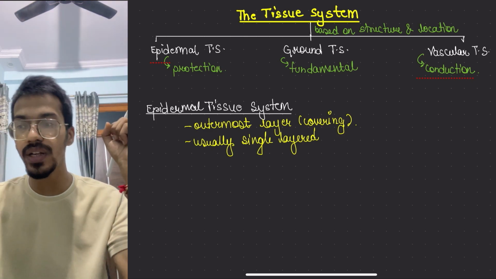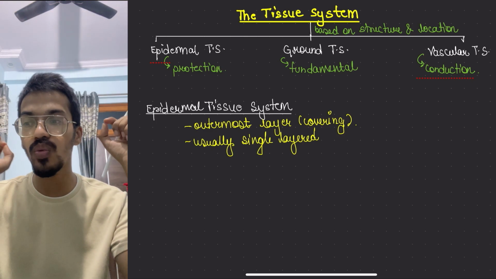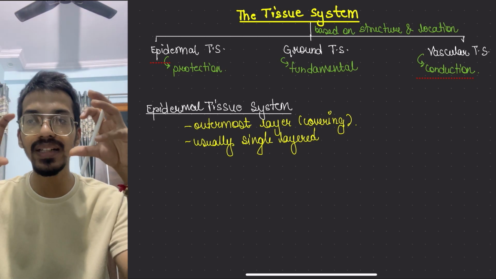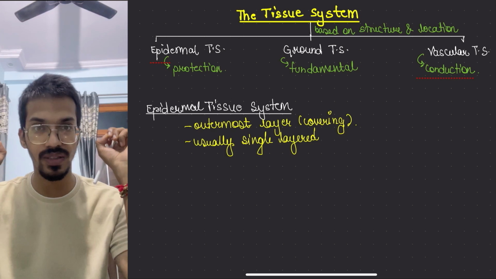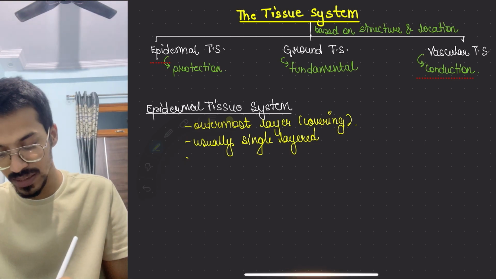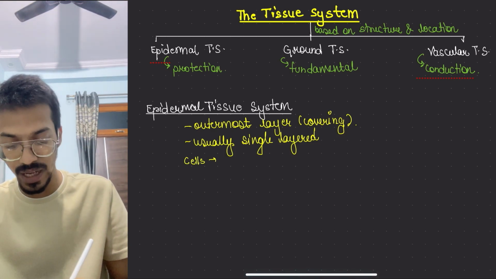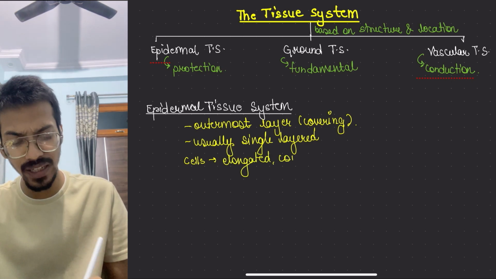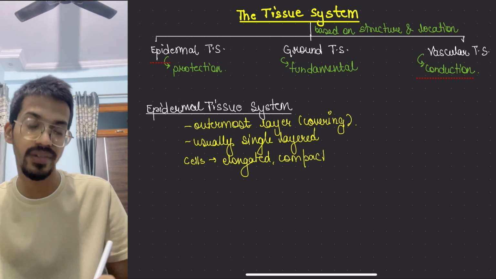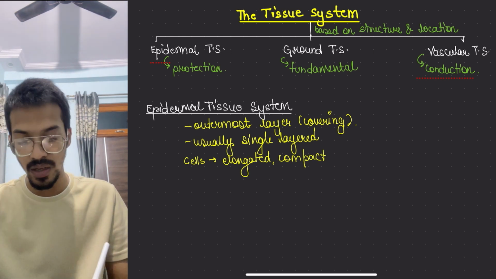Normally its cells are elongated and compact, arranged in the form of a continuous layer. If you talk about the cells, they are elongated and compactly packed, and intercellular spaces are almost not present.